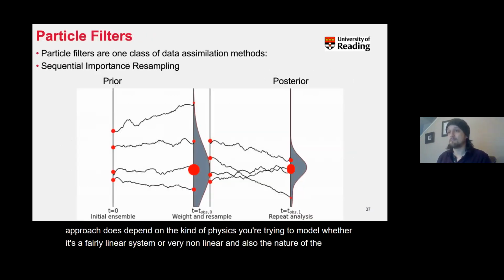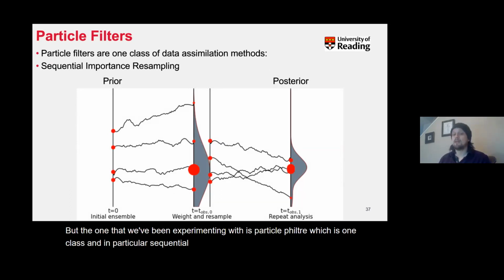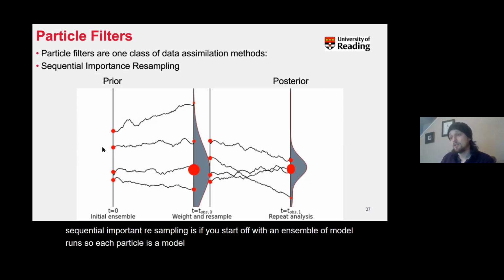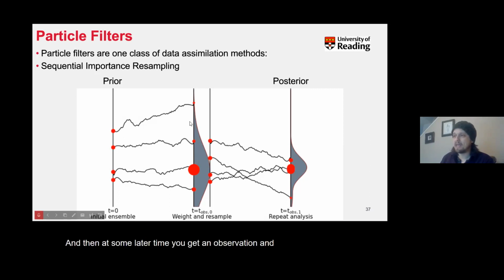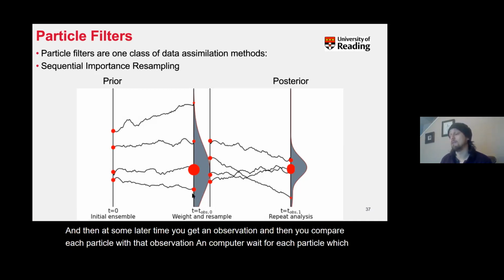But the one that we've been experimenting with is a particle filter, which is one class, and in particular, sequential importance resampling. So the idea with sequential importance resampling is if you start off with an ensemble of model runs, so each particle is a model run, your model sends that particle forwards in time, using the model physics to work out the state at a later point, and then at some later time you get an observation, and you compare each particle with that observation and compute a weight for each particle, which is dependent on how close the agreement is.